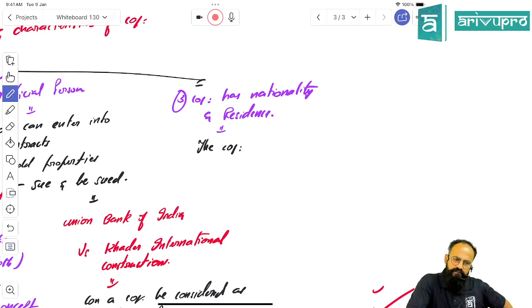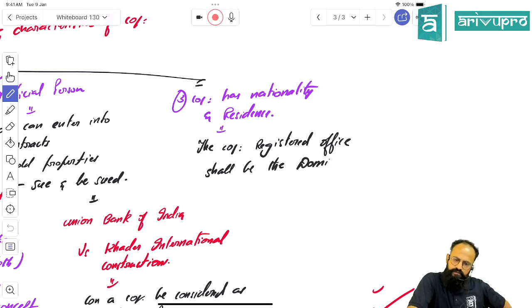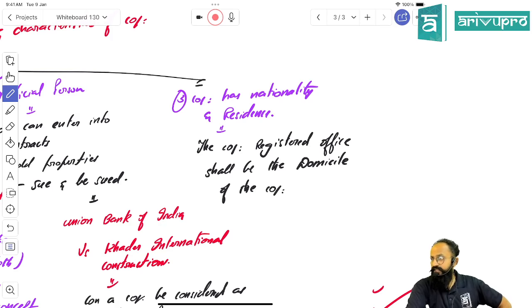The company's registered office shall be considered as the domicile of the company.